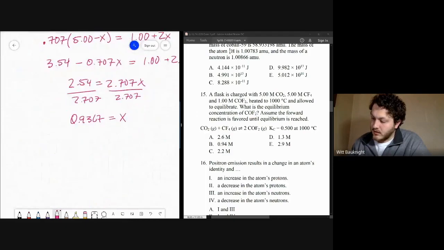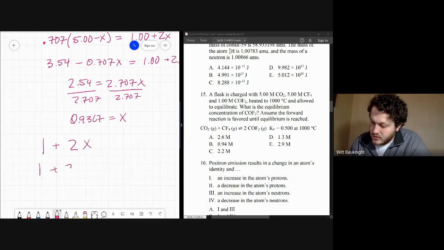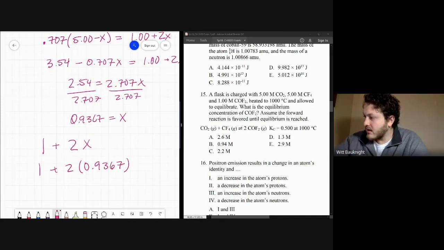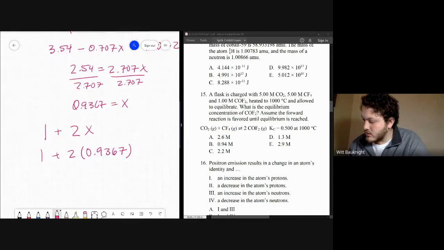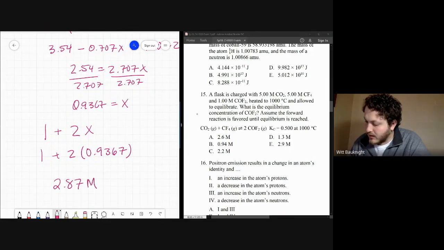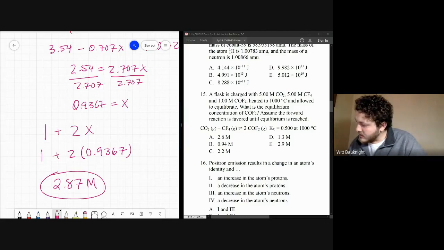So 1 plus 2x is equal to 1 plus 2 times 0.9367. And if we do that math right, we get 2.87 molar. And that is why the answer is going to be E, which is the closest thing.